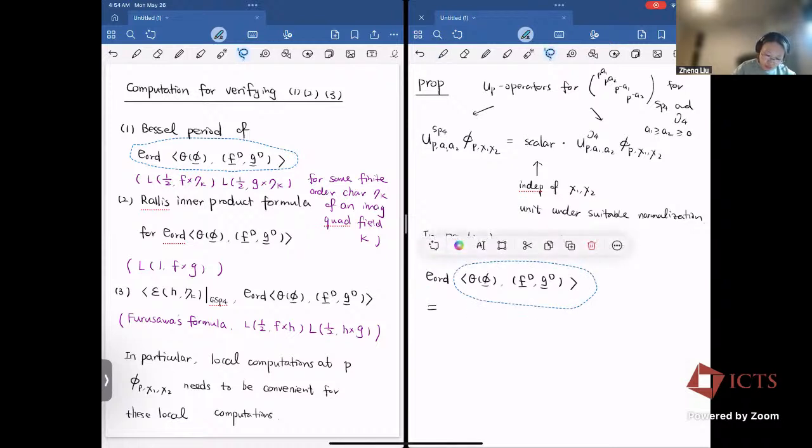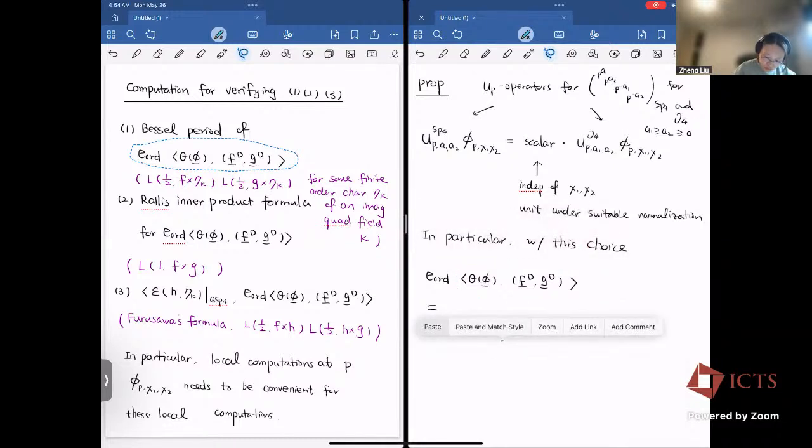It will be equal to the inner product itself.